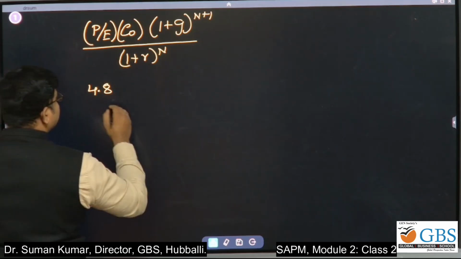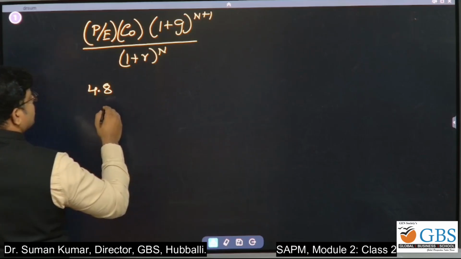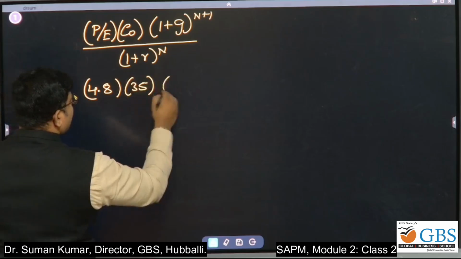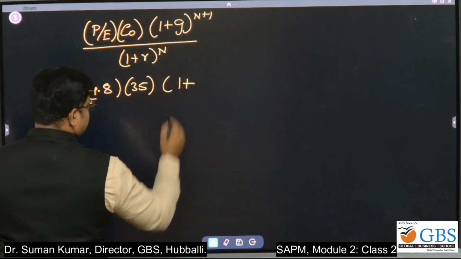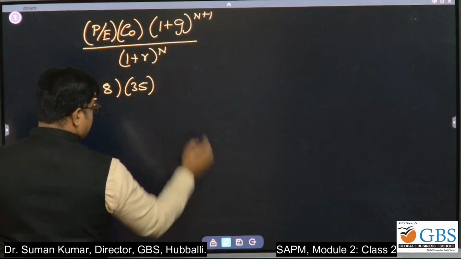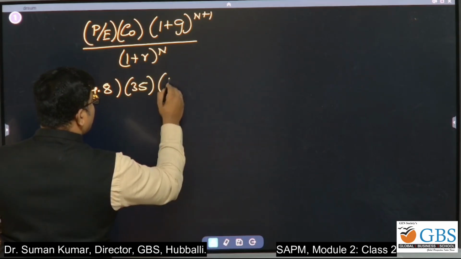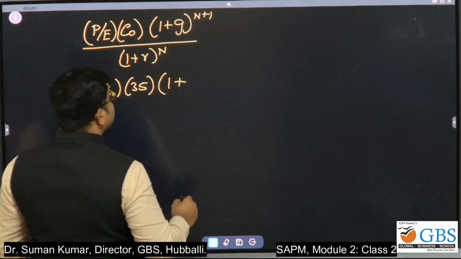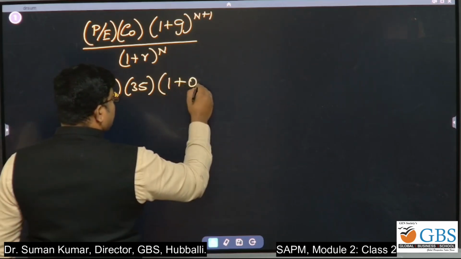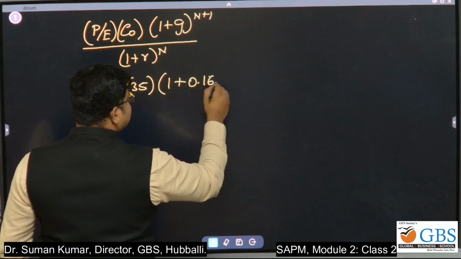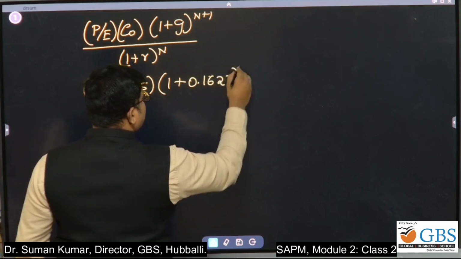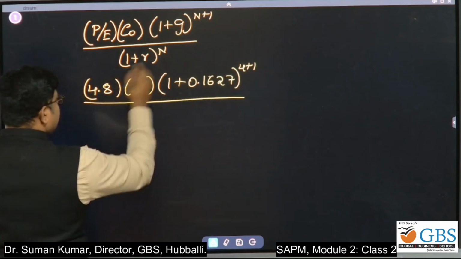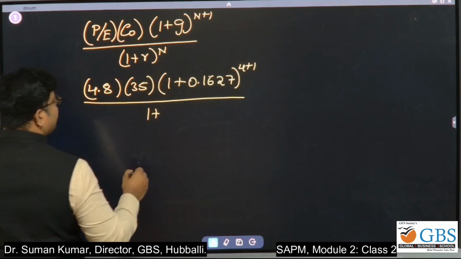What is E naught? 35. 1 plus G, growth rate 0.1627, raised to 4 plus 1, directly, then 1 plus required rate of return.